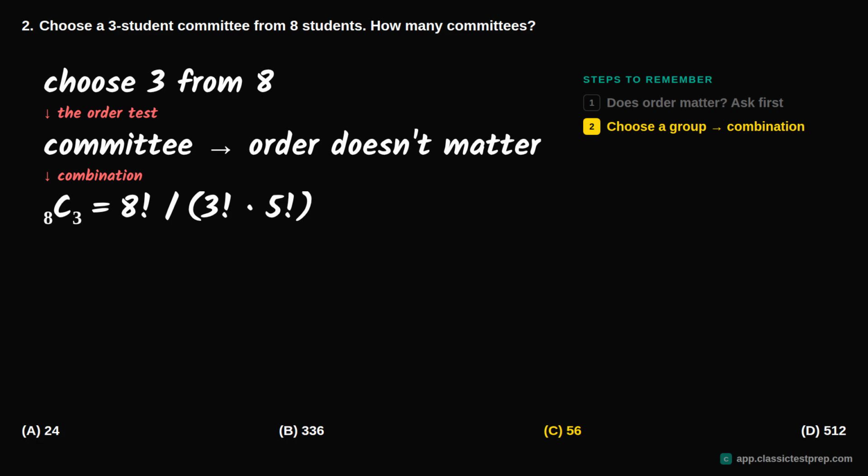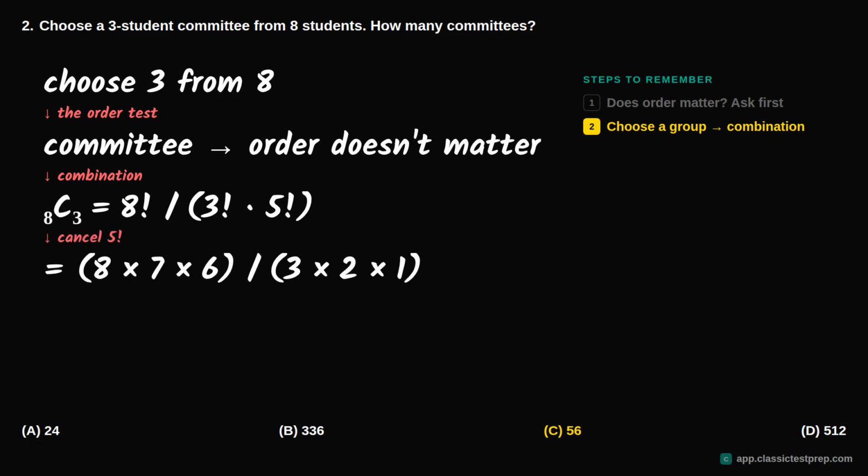We need to divide 8 times 7 times 6 by 3 factorial because we're filling out 3 spots. So we have 8 times 7 times 6 over 3 times 2 times 1, which simplifies to 336 over 6, and that is 56, answer choice C.